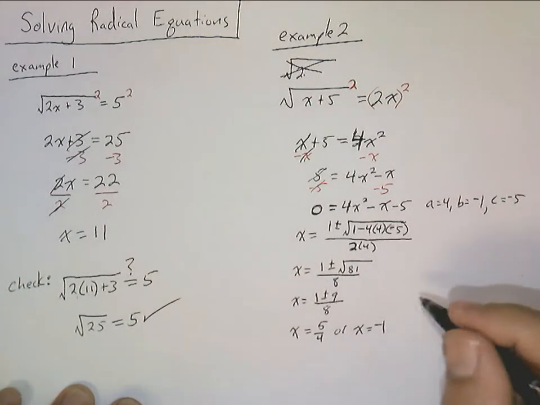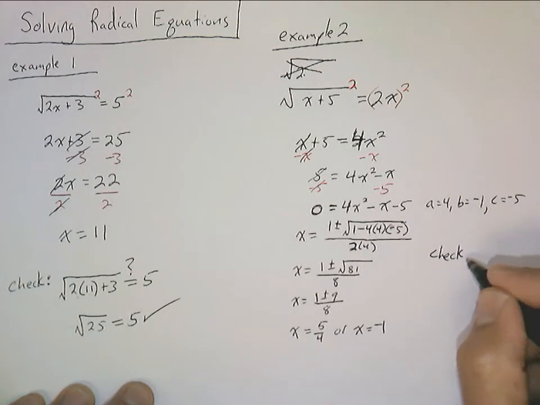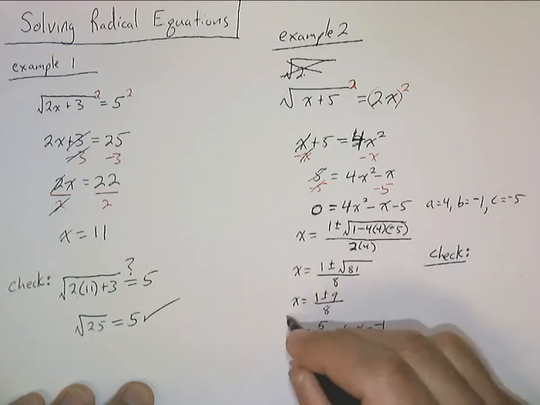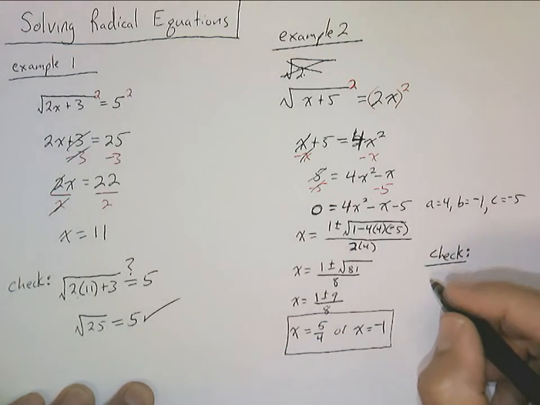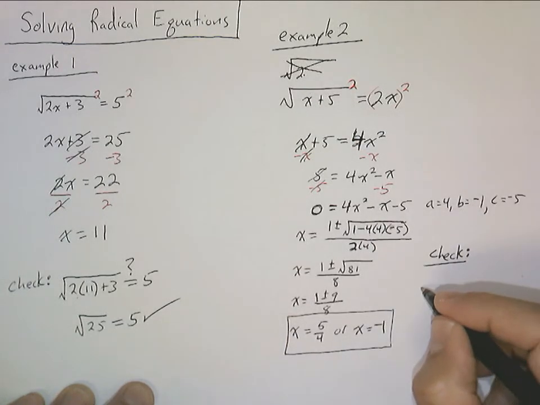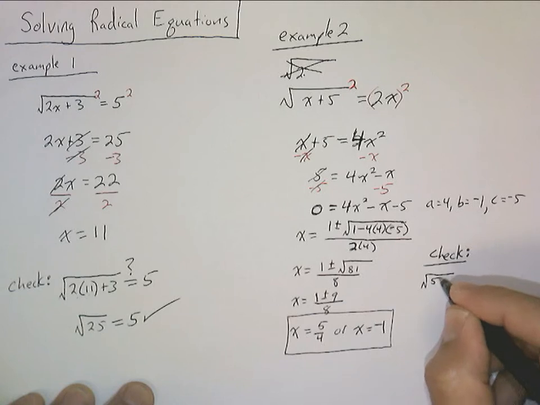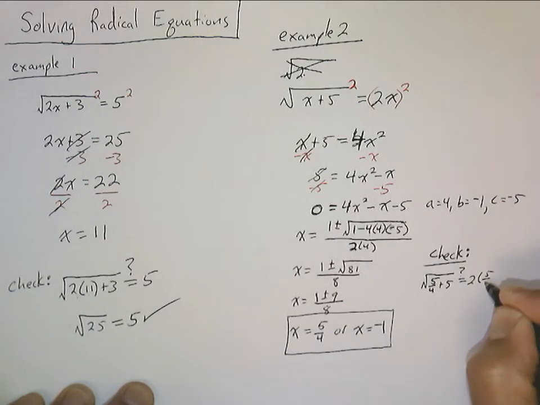So let's plug them back in to check these two solutions. So we go back to the original equation and we ask ourselves, is the square root of 5/4 plus 5, is that actually equal to 2 times 5/4?